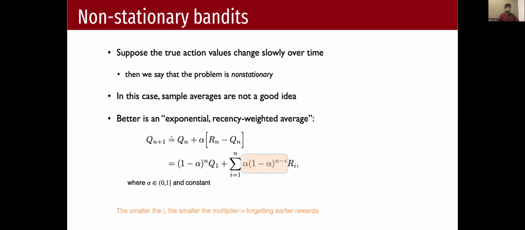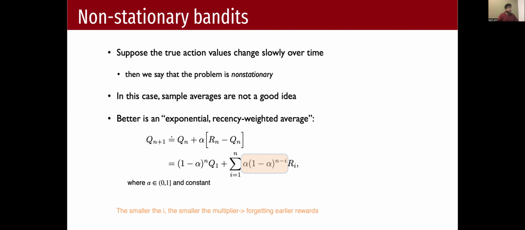Here you can see the formula: Qn plus 1 equals Qn plus alpha times Rn minus Qn. Just take a break and tell me what is Qn plus 1 here. I hope you pause the video and think. Qn plus 1 is the updated action value estimate after the n plus 1 trial, and Ri denotes rewards.